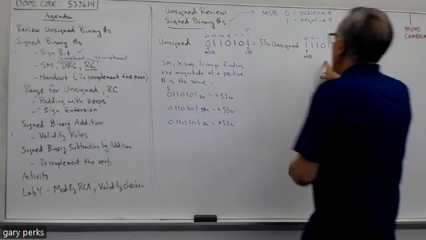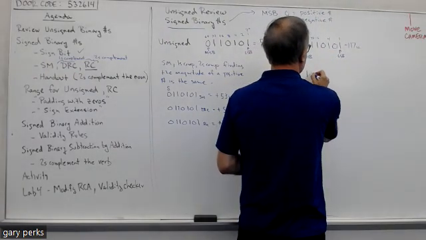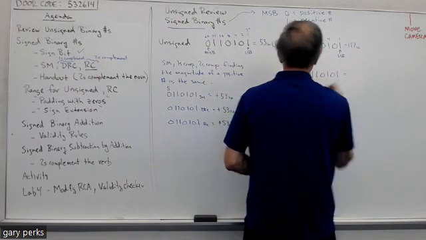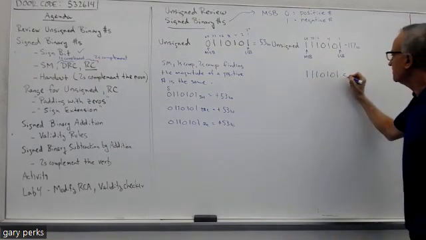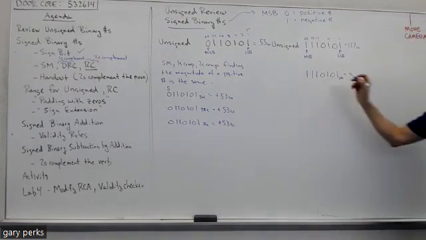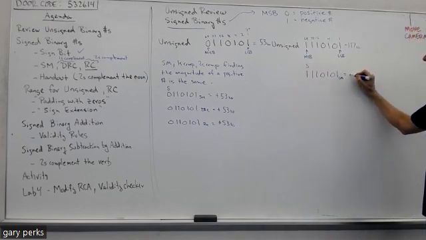So if I have this string of bits, and it's signed magnitude. Okay, well, this most significant bit's the sign bit, so that tells me it's negative.